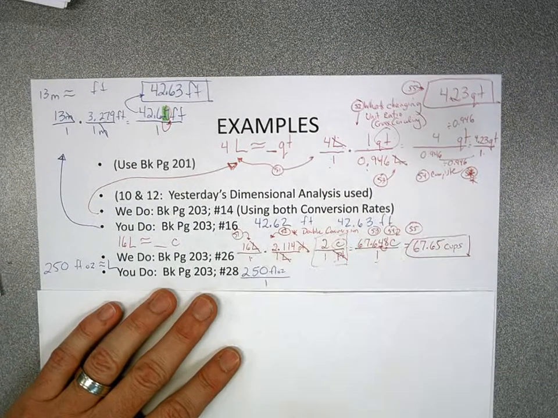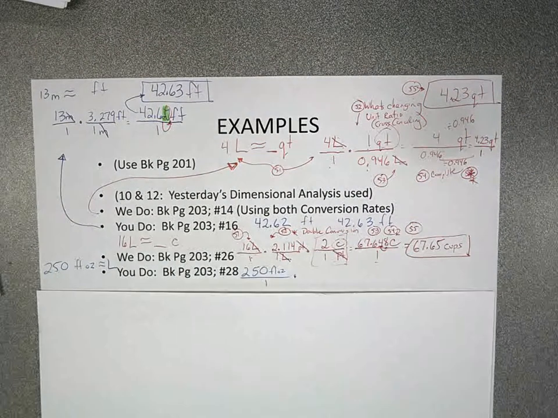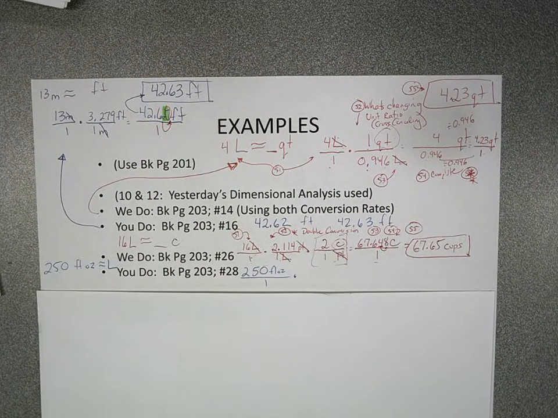Now I'm going to convert it to liters, right? So I look here, what do we have? We have fluid ounces to milliliters, but no fluid ounces to liters.